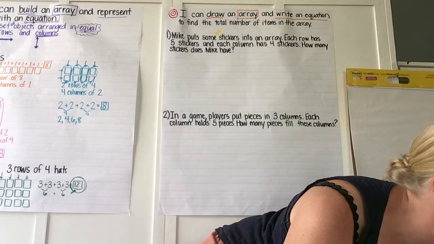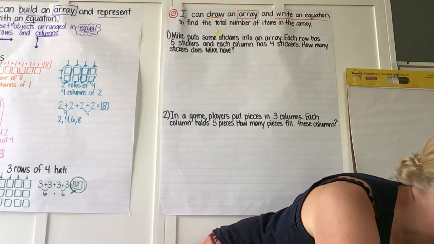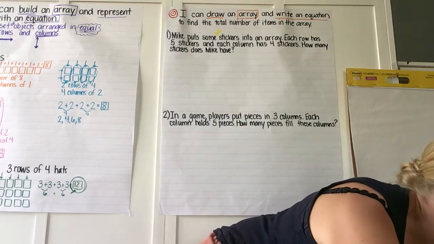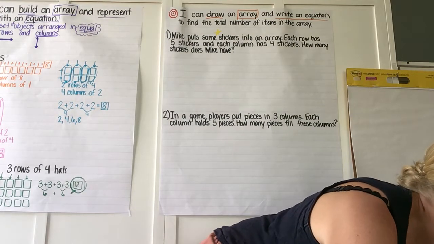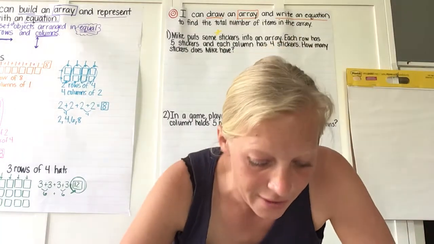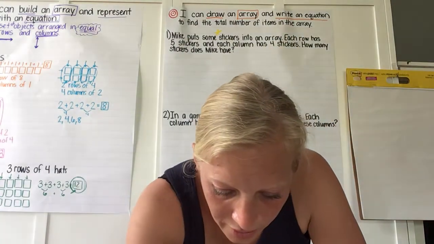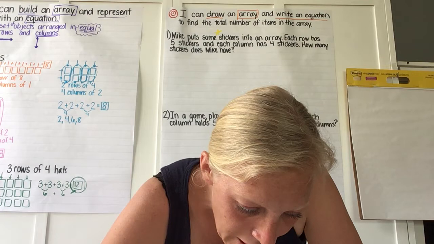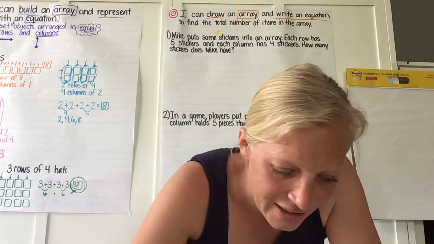Because there's 4 in each column. Oh, so where's your column here? So there's 4 in this column, 4 in this column. How many columns do you have? That's a fantastic array.